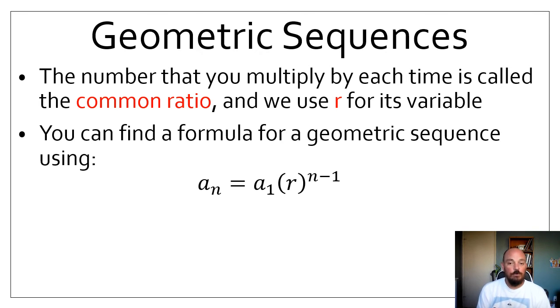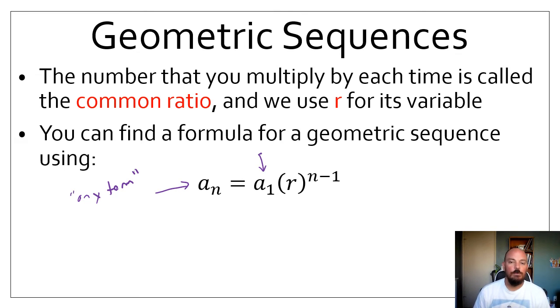You can always write a formula for a geometric sequence using a_n = a_1 times r to the n minus 1. Now remember, a_n means any term. For example, a_10 is the 10th term, a_100 is the 100th term, a_3 is the 3rd term, and right here a_1 is the 1st term.